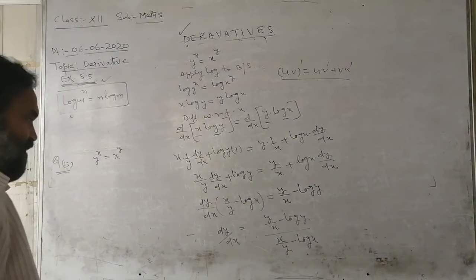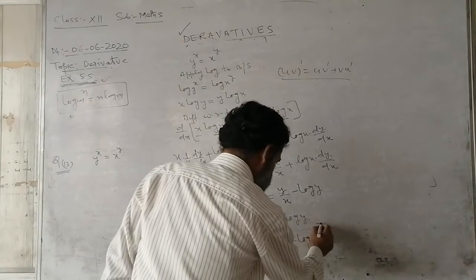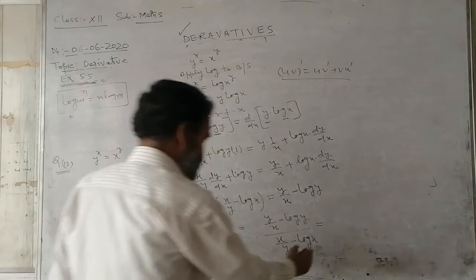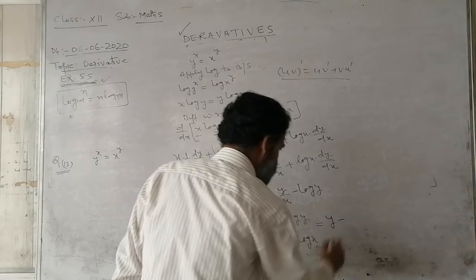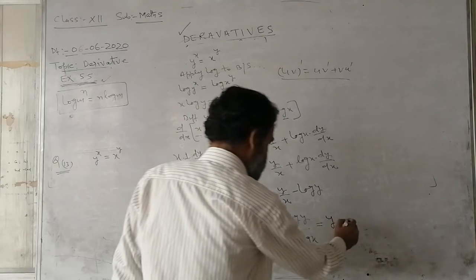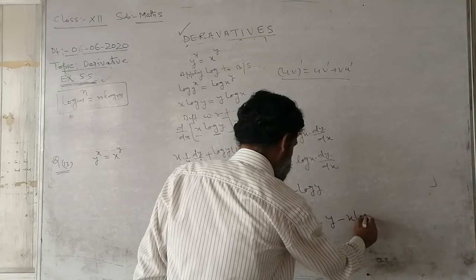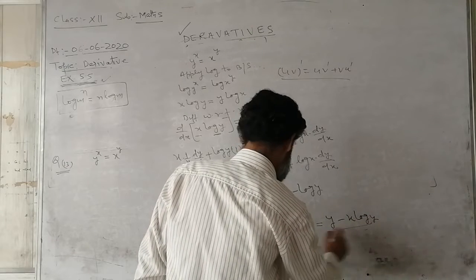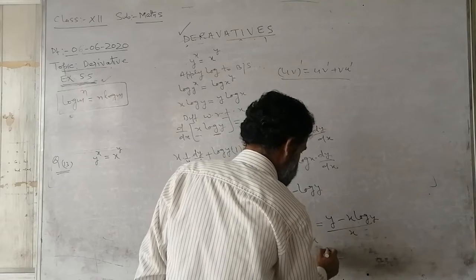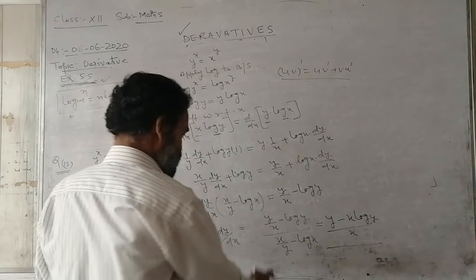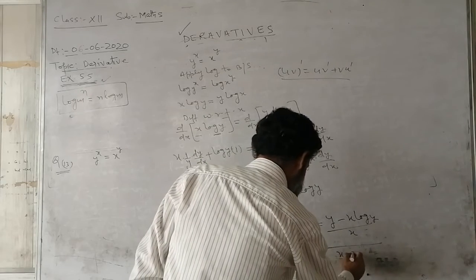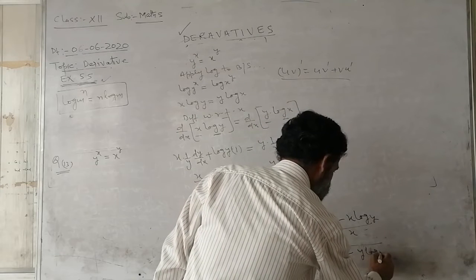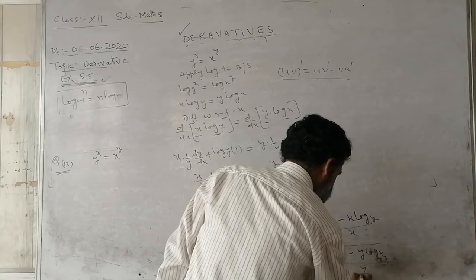So if I simplify further, it can be written as y minus x log y upon LCM x, over x minus y log x upon y.